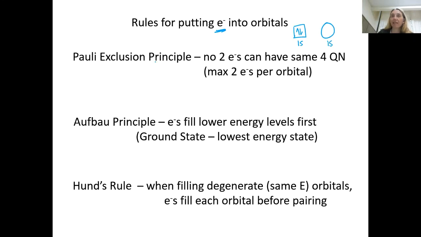Okay, there's the Pauli exclusion principle, there's Aufbau principle, and there's Hund's rule. Okay, and these 3 rules or principles are what we use to decide where electrons can exist in those orbitals. Okay. Let you look at that for a second.